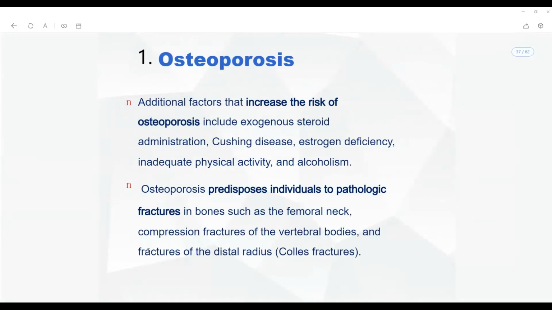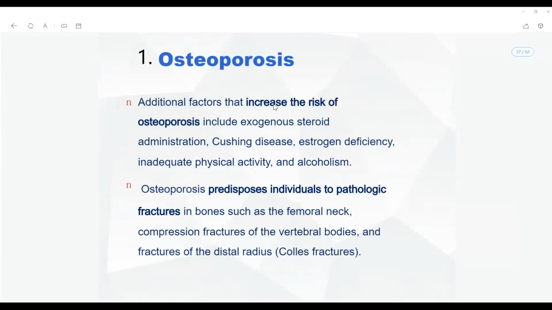Right. And you see here, there is an increased risk of osteoporosis. You see here, the same thing I have been talking about. When there is Cushing's disease, estrogen deficiency, inadequate physical activity, and alcoholism, all of them are going to cause an increased risk of osteoporosis, right?